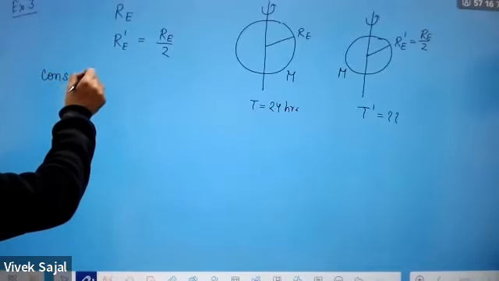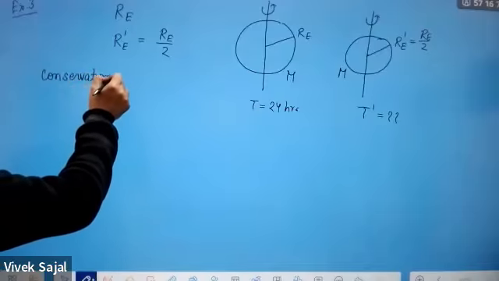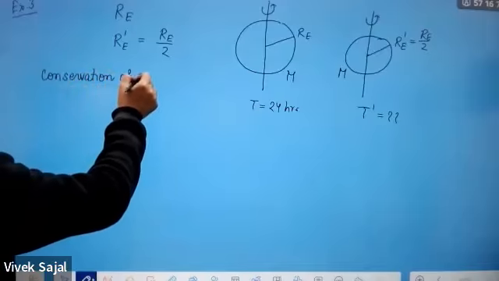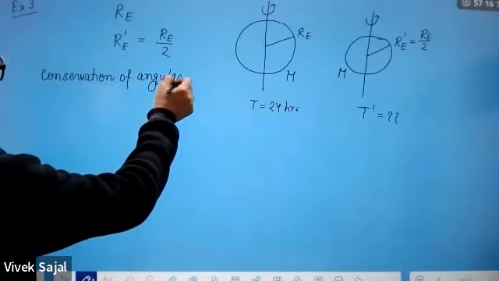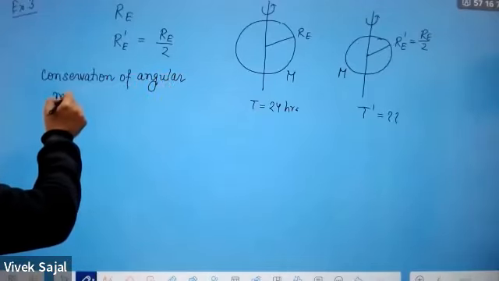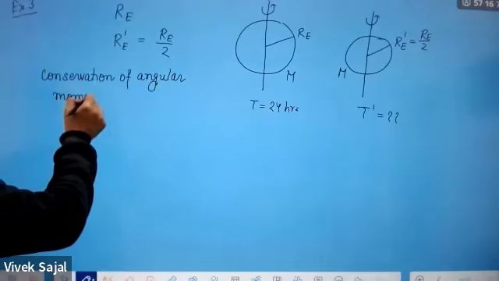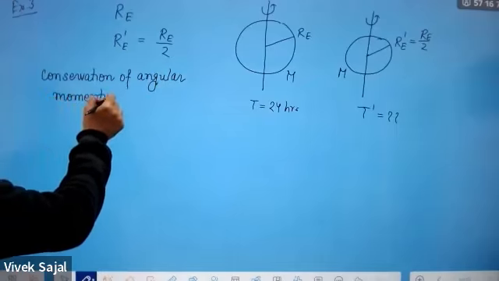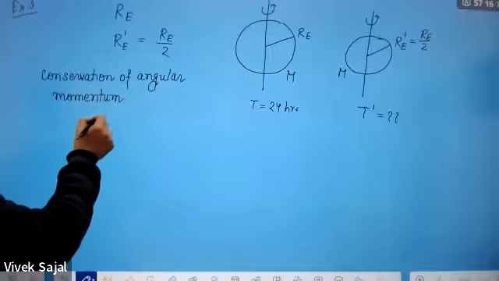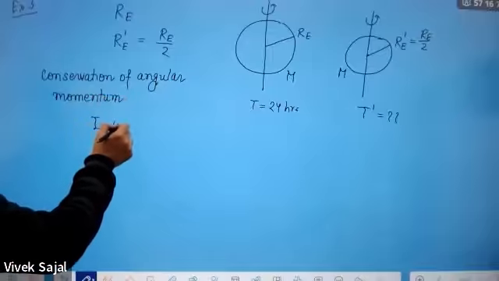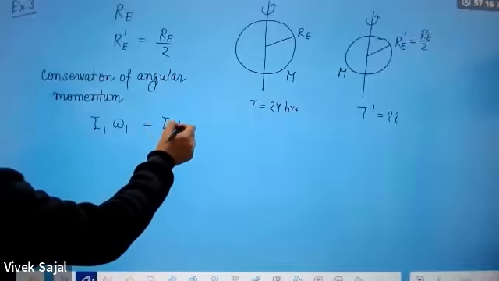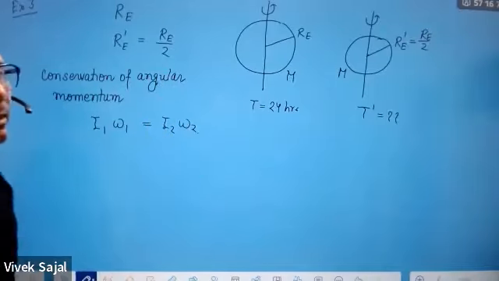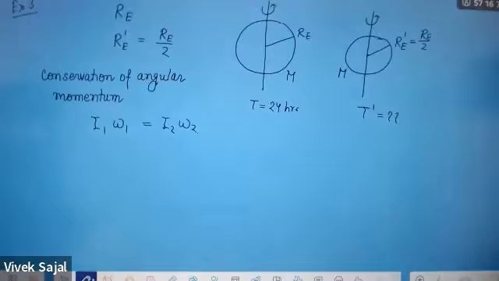Conservation of angular momentum. So this will be I1 omega 1 initially, and this will be I2 omega 2. Here I am assuming our Earth as a sphere.